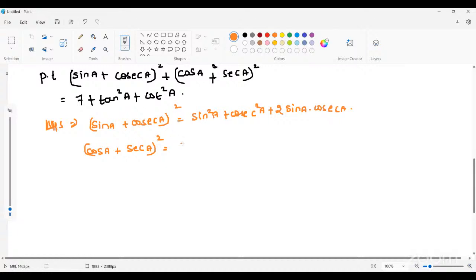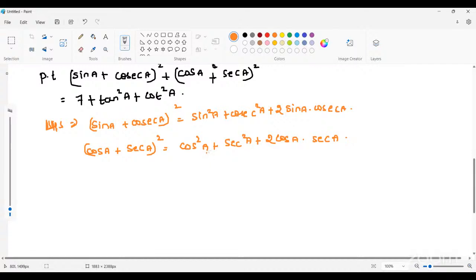So we can write it as cos square A plus secant square A plus 2 into cos A secant A.